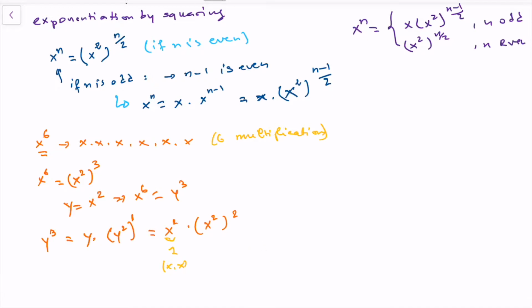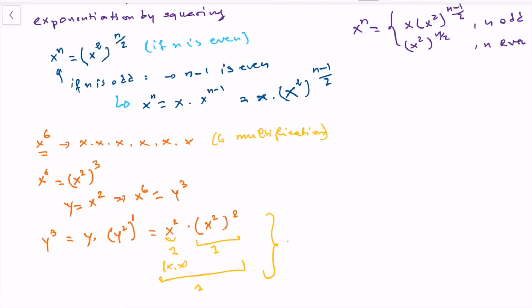And since we already know the value of x squared, we don't need to multiply again, and so we get another multiplication, right? And then we multiply the two together and we get another multiplication. So you can see overall the number of multiplications that we would do here is just 3 multiplications.